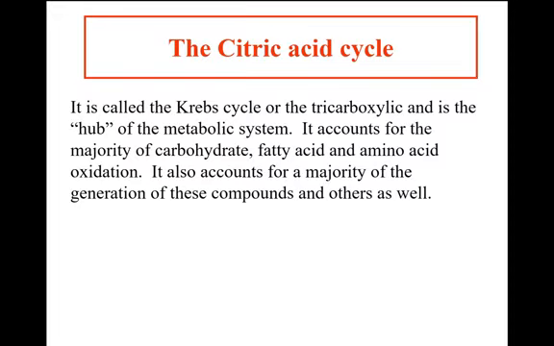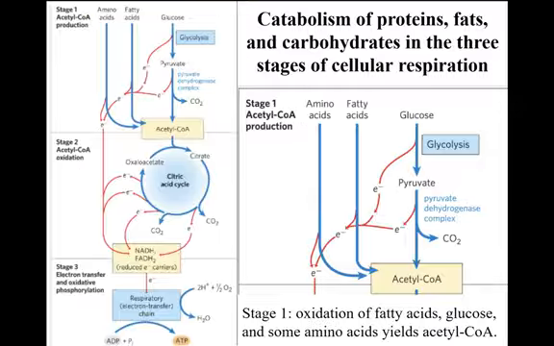It accounts for the majority of carbohydrate, fatty acid, and amino acid oxidation. And so the catabolism of proteins and fats and also carbohydrates happens in three stages of cellular respiration.